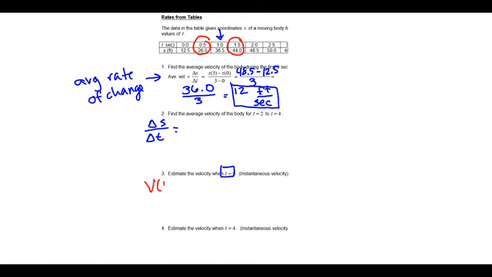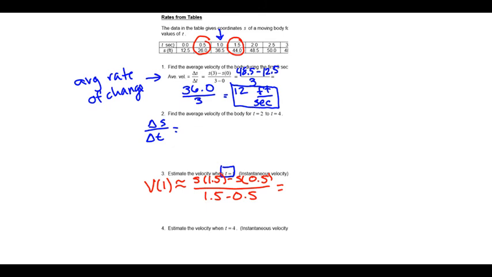So we are going to look at v of 1 approximately being s of 1.5 minus s of 0.5 over 1.5 minus 0.5. So s of 1.5 is 44.0. s of 0.5 is 26.0.